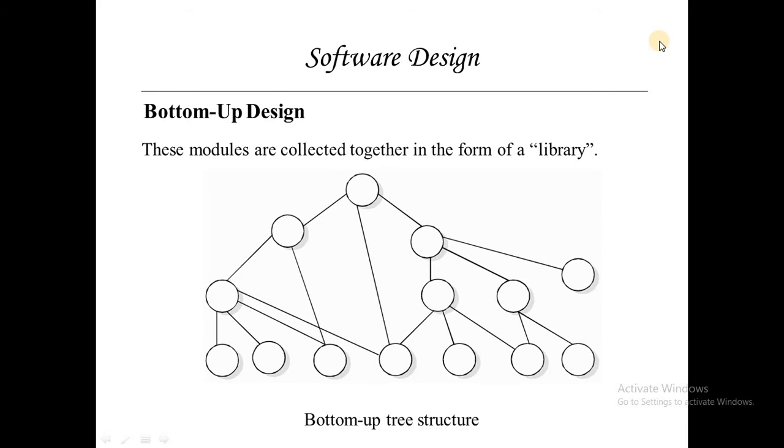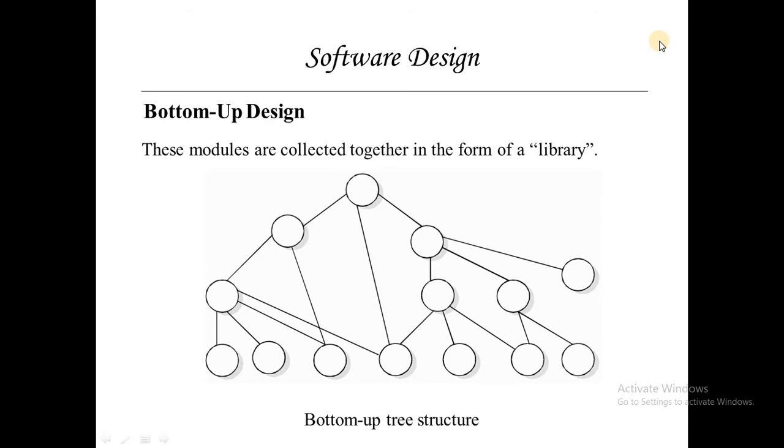Especially in object oriented programming languages. All object oriented programming languages use this manner, bottom up design. The reason is, in object oriented programming languages, first we have to identify the objects.